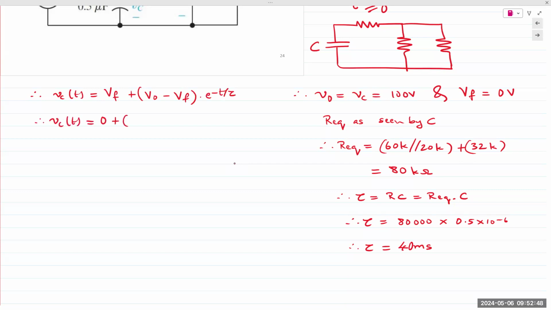Final, of course, is 0. 100 minus 0, e raised to minus t over 40 milliseconds, 0.04. Reduce it, and you obtain 100 into e raised to minus 25t volts.